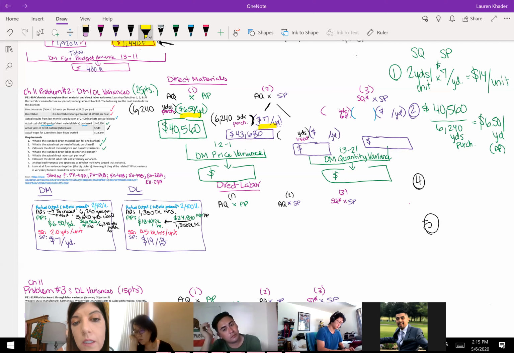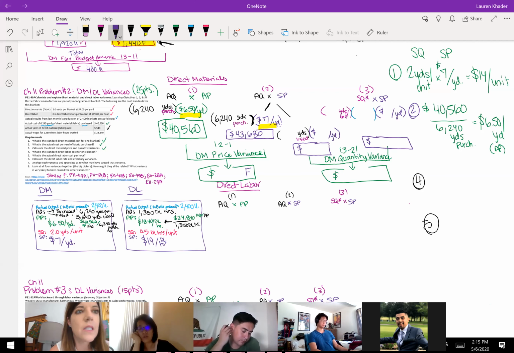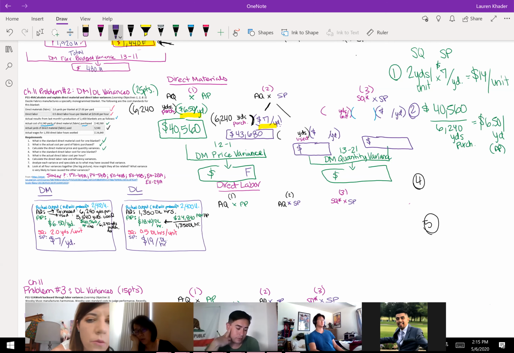We actually paid $6.50 per yard. So did we pay more or less per yard than we should have? Less. So it's going to be favorable. We like to pay less. It's an expense. And the dollar difference is $3,120 favorable, correct.